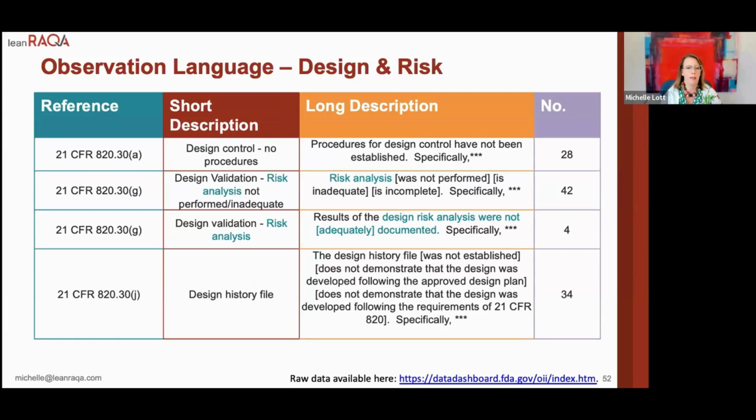What is significant about design controls is that the 820 CFR says "risk" one time, and it's very ambiguous. But if you look at where they're giving 483s for risk, they call it out very specifically in their standard language: risk analysis as it relates to this, risk analysis that relates to that.